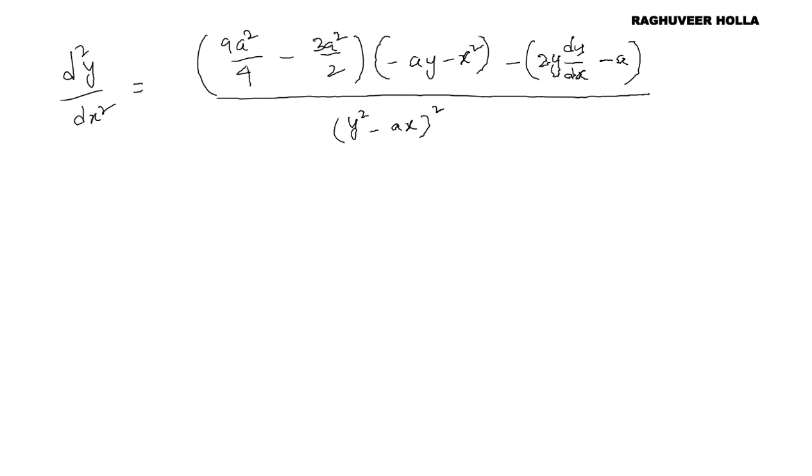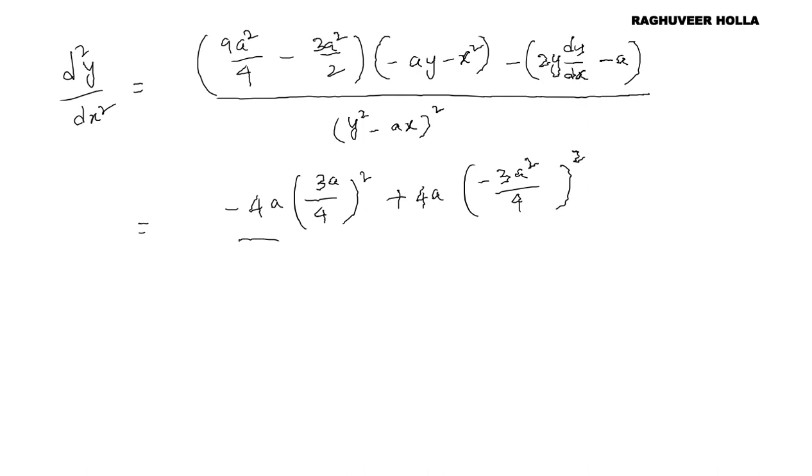When we simplify this, we get a by 4 whole square plus 4a into minus 3a square by 4 to the power of 2, divided by 3a square by 4 whole square.